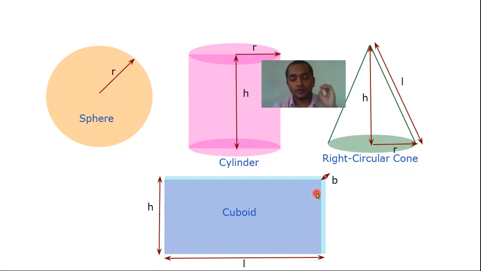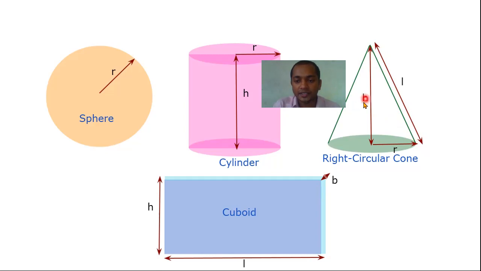So here we have to be very careful. Many students commit mistakes in this part. They think that L, what is L? L is not the height. Okay. L is the slant height. Slant height, I'll just show with the pointer. Slant height means this dimension, which is the slanted part. Getting it?